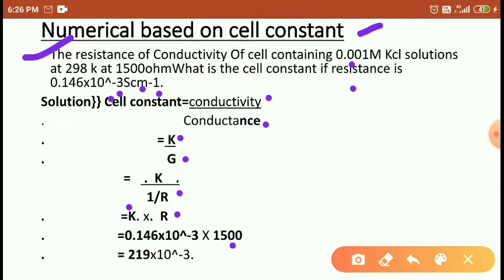So the cell constant is 219 into 10 to the power of minus 3.